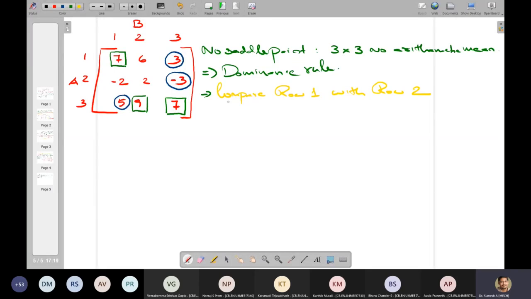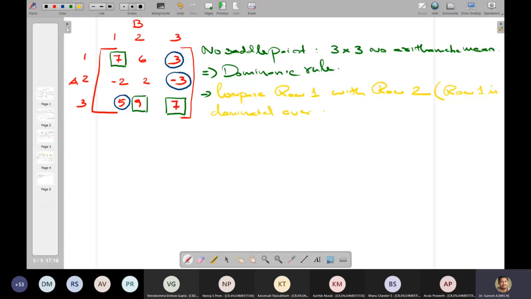Row 1 is dominated over row 2. All the elements are like that, so I can reduce the matrix.